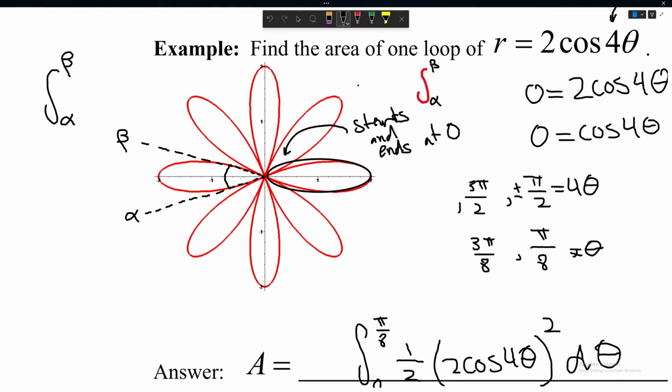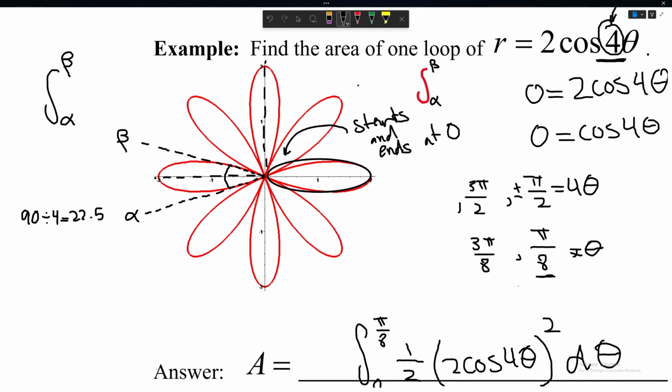How do you find this? The secret is this 4 in front of your equation. Since this is 90, you can do 90 divided by 4, and that would equal 22.5, right?